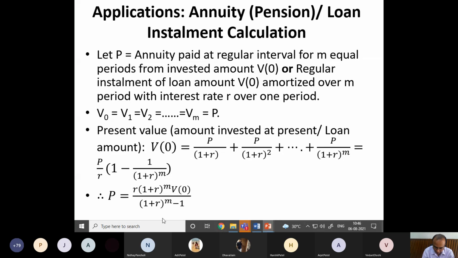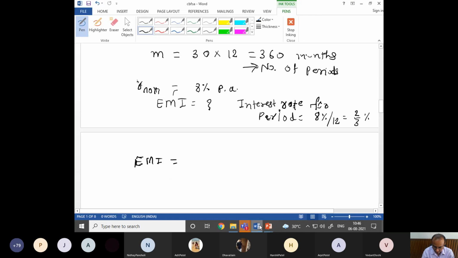V0, the loan amount, I know. Number of periods I know. So just use this formula: P is equal to R(1 plus R) raised to M times V0 divided by (1 plus R) raised to M minus 1. Using this formula, you can calculate EMI, and whatever the P value is, that is your EMI.